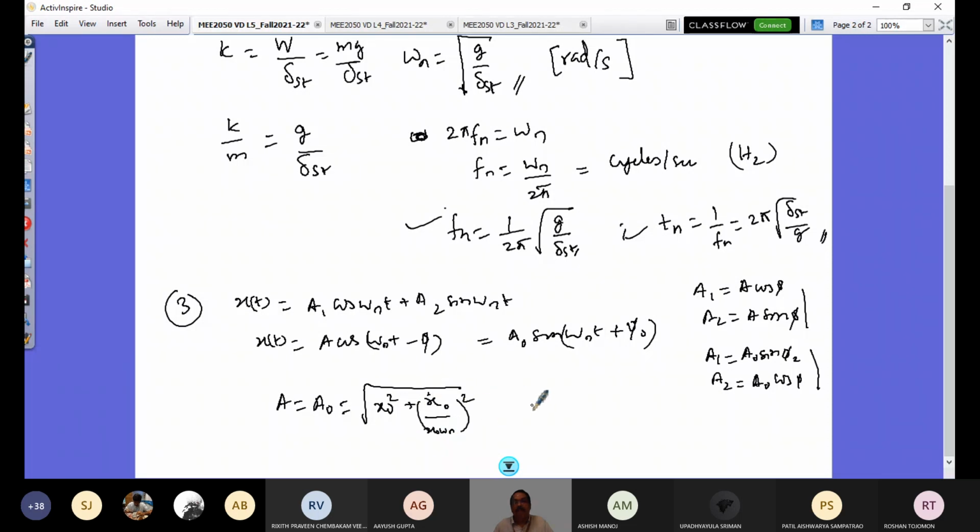So this is A or A naught, and then phi and phi naught. Phi would be tan inverse of a2 by a1, which is x dot naught by x naught omega n. If I write a1 by a2, then I will have tan inverse of x naught omega n by x dot naught. So this is point number 3.